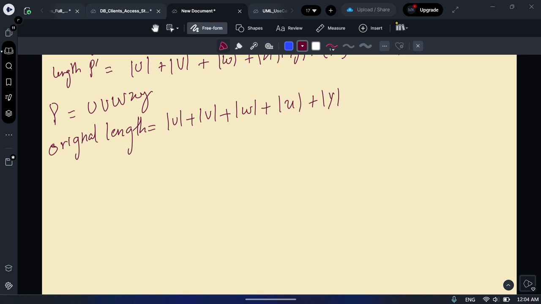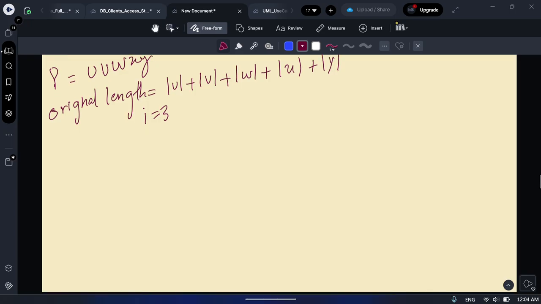When you choose a pumping exponent like i equals 3, you're telling the string to repeat the V and X sections so they appear exactly 3 times. Let's write it down physically. So the new P would be U plus V 1 2 3 plus W plus X 1 2 3, when i is 3, plus Y.